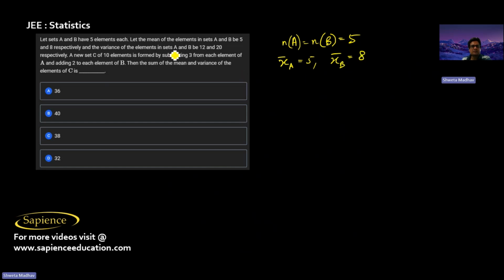The variance of the elements in set A, sigma A square, is equal to 12, and the variance of the elements in B, sigma B square, is 20. Now a new set C of 10 elements is formed by subtracting 3 from each element of A and adding 2 to each element of B.